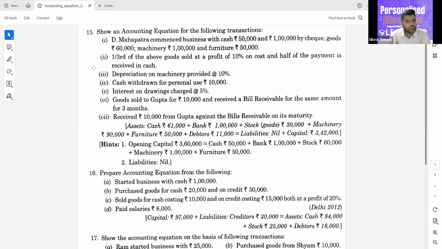No, you don't have to state the transaction. Actually, tell me whether you can solve this question or not. I can solve these questions. Yes, sir. Actually, read the second portion. One-third of the above goods sold at a profit of 10% on the cost, and half of the payment is received in cash.